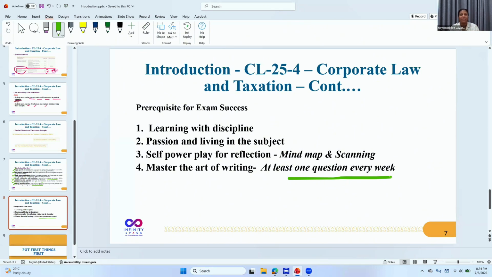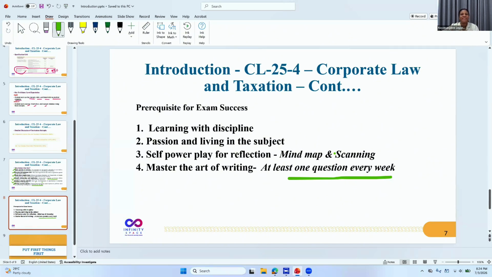You have to be active, and at least three months before the exam I'm starting the live sessions. In the first month it may be two live sessions per month, but after that it's continuous, one live session per week, like that it is going. Therefore, you cannot avoid your subject, you have to live in your subject, okay.